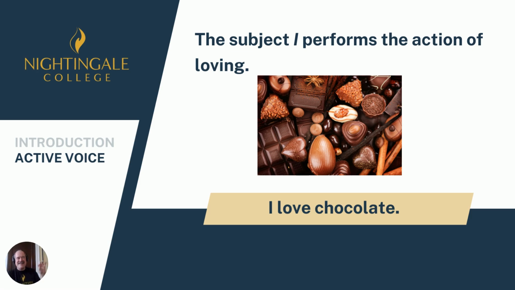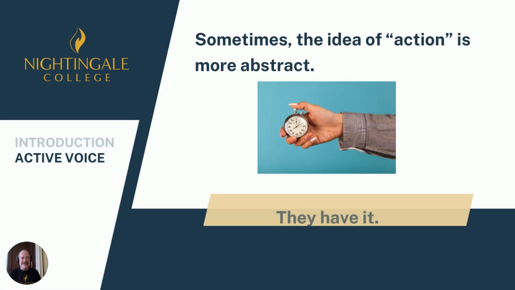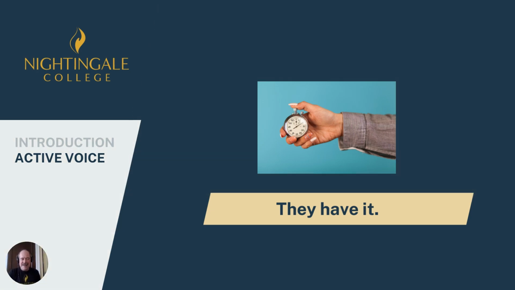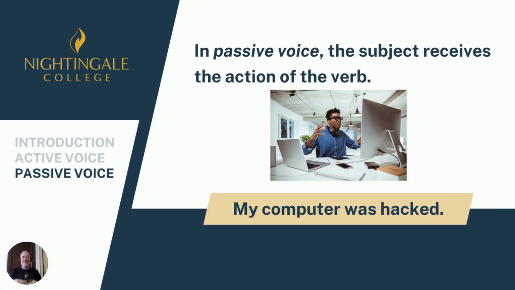Right? Chocolate is the object of the sentence. And here, more strangely, it receives the action of having. It is in the object part of the sentence. But we're about to twist everything around.